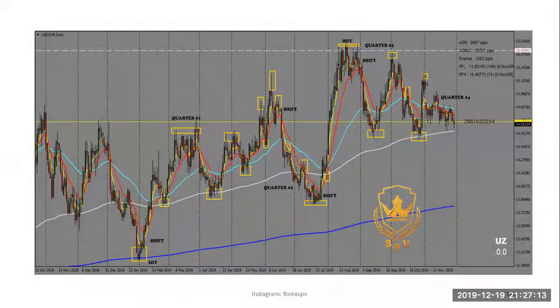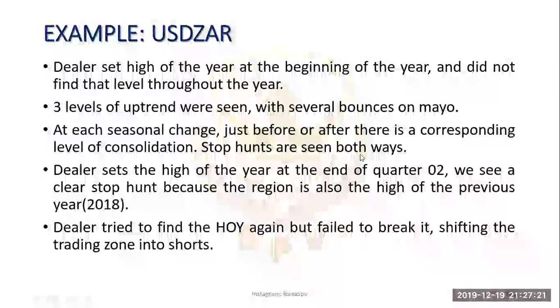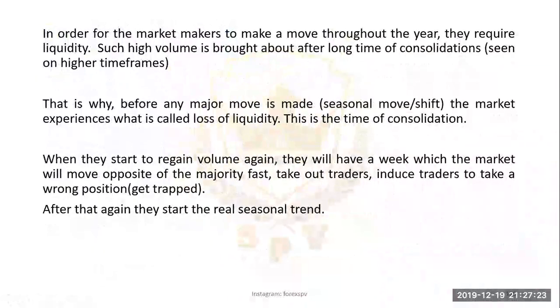Before the dealer has this market shift, he needs to trap liquidity. We call these areas where he has trapped liquidity the peaks on the daily. So they require that amount of liquidity, and this amount of liquidity can be brought about after a long time of consolidation.